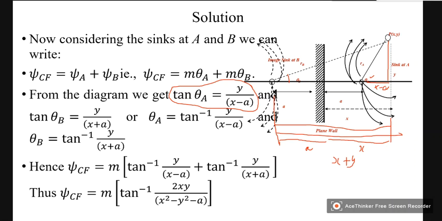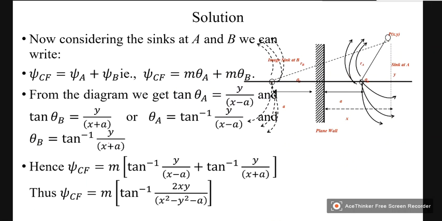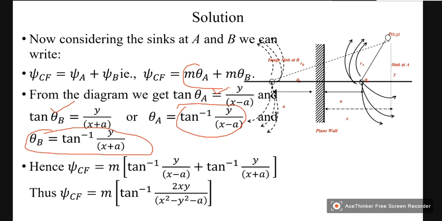So tan theta B is equal to the same y divided by x plus a. So that is what we have written here: tan theta A, tan theta B. So theta A is this tan inverse and theta B is tan inverse. So substitute these two here.